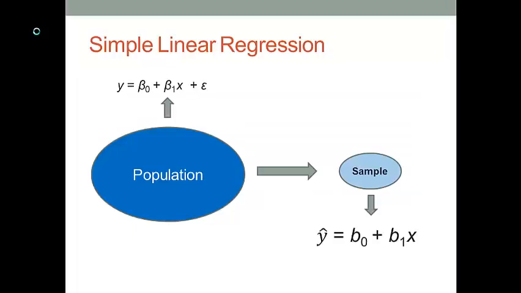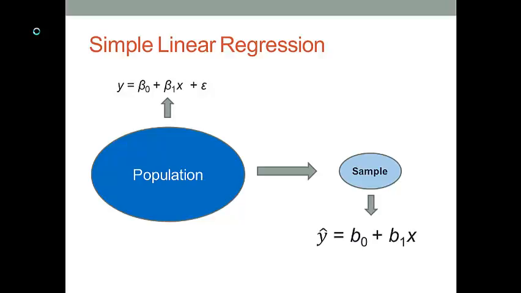Now let's take a brief review of what we have learned so far. If you believe one factor can influence another factor, and then you draw a sample from the population, you estimate the values of b sub 0 and b sub 1. The software will give you an equation. That equation is called a linear regression model.